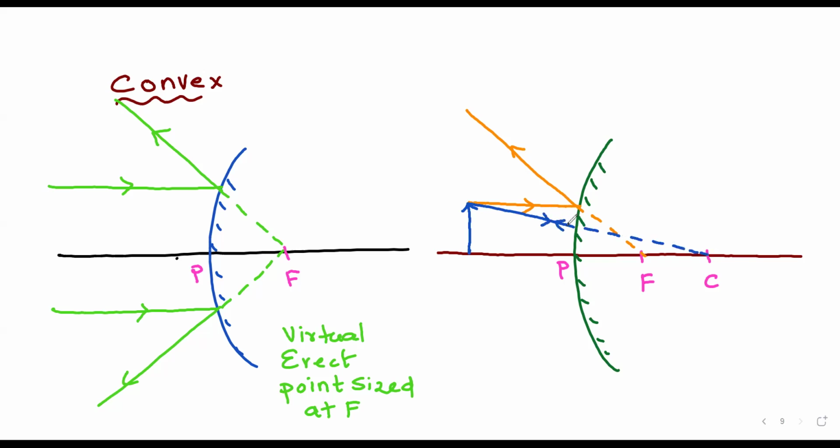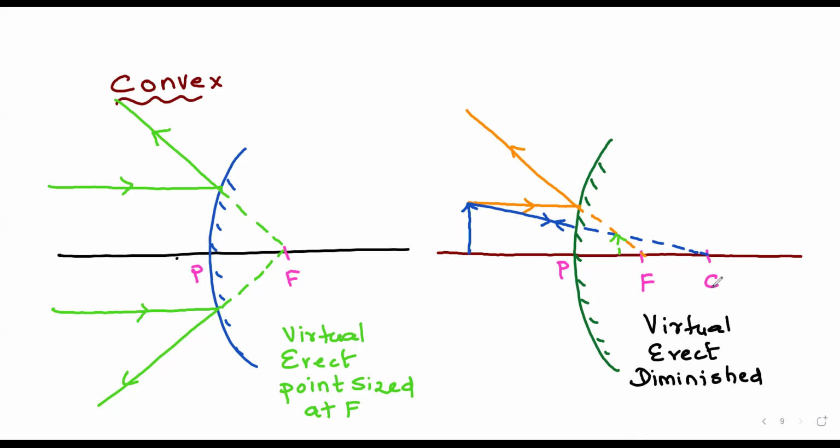Now you see, you get a virtual image because it is not actually meeting. Okay. So the nature of the image is virtual. You will never get an enlarged image. Always it will be between P and F. Okay. So virtual images are erect and you can see that it is always diminished.